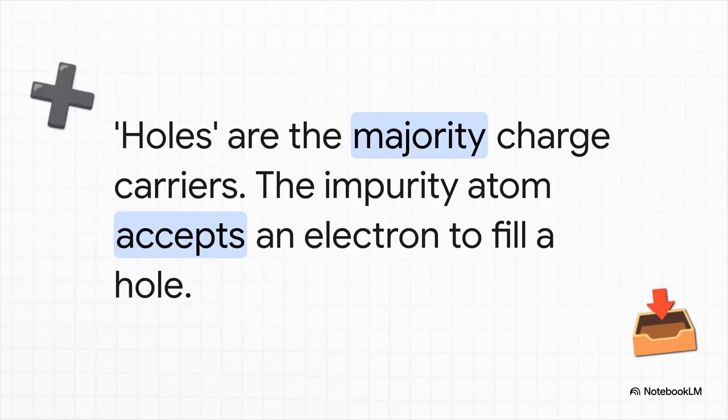This empty spot is what we call a hole, and it acts just like a positive charge. A nearby electron can easily jump into this hole, and when it does, it leaves a new hole behind. So it looks like the hole itself is moving. Because this impurity atom created a space that can accept an electron, we call it an acceptor. And since the hole behaves like a positive charge, the material is called P-type, for positive.